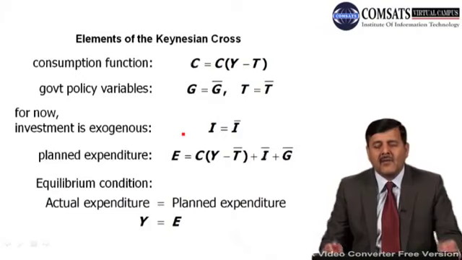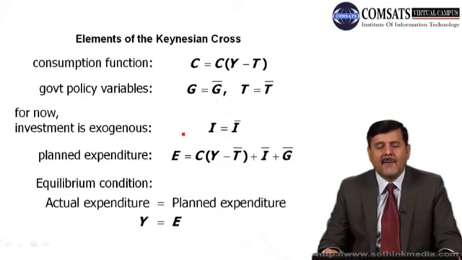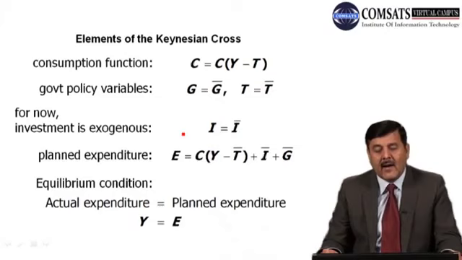So by using all of these variables, that is C, G and I, we can rewrite the equation of planned expenditure. E is equal to C(Y minus T bar) plus I bar plus G bar. Now, since T bar is constant, I bar is constant, G bar is constant, what is going to happen in the equilibrium? In equilibrium, income Y is equal to expenditure.